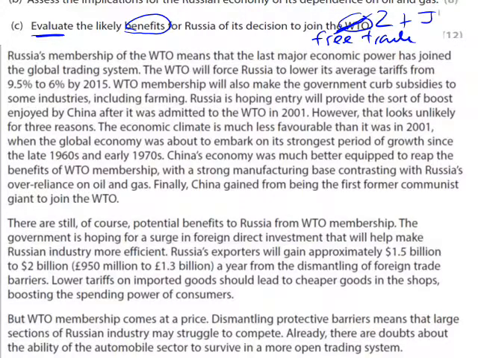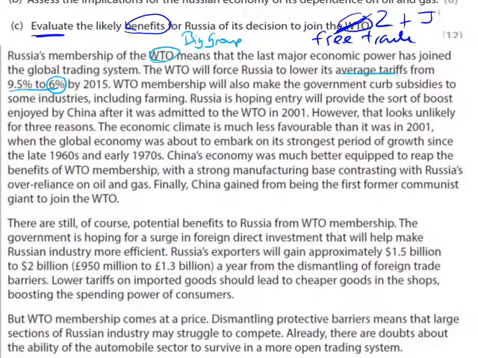It mentions that Russia is one of the last major economic powers to join the WTO. This tells you that the membership is a big group. Now it does say it will force Russia to lower its tariffs. So there are still tariffs there. It's only going from 9.5 to 6, which is key.